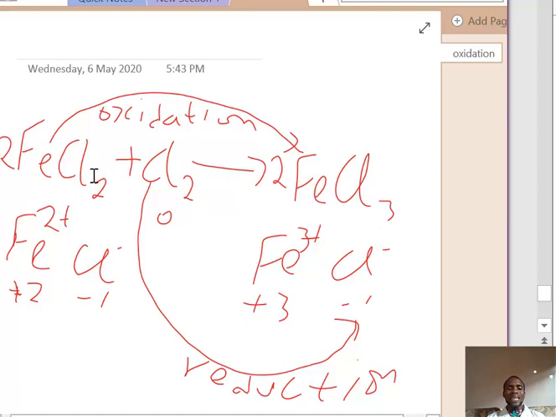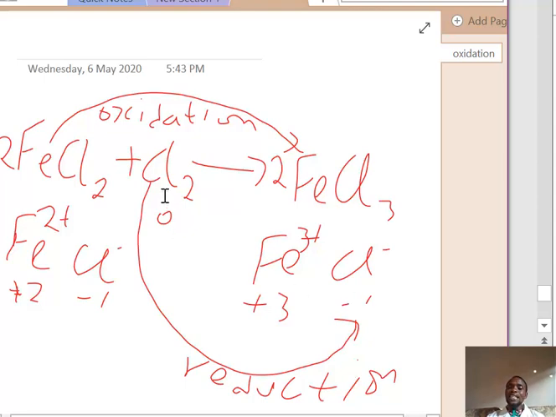But when you look at it, this chloride is -1, this chloride here is -1, so we are not looking at this one. But this chlorine is 0, while this chloride is -1. So from 0 to -1, meaning this chlorine has gained electron. And we said reduction is the gain of electron. So meaning here, there is reduction.